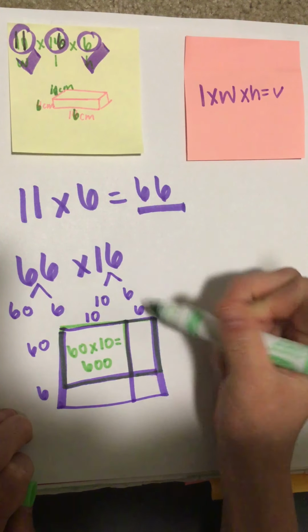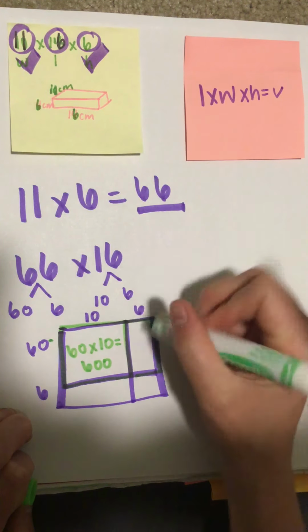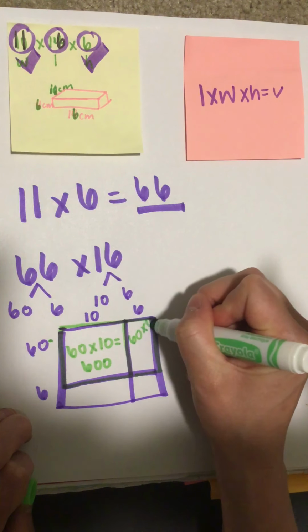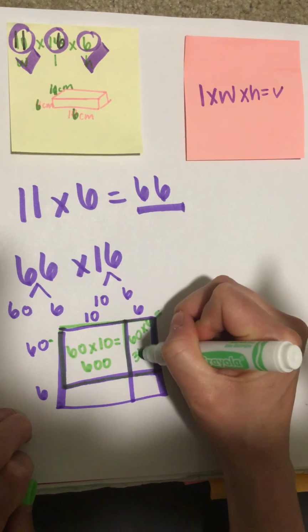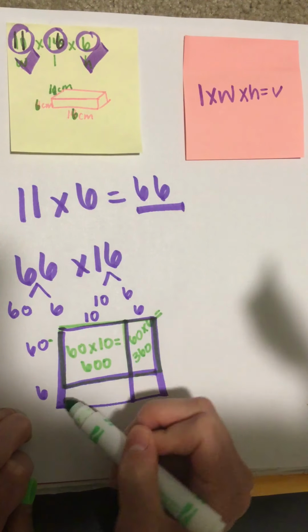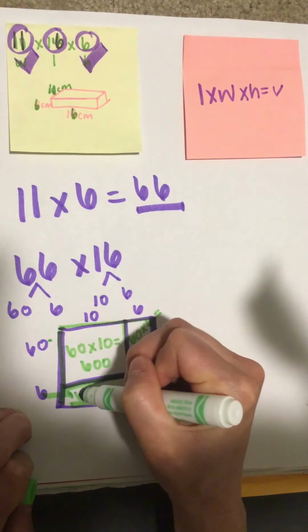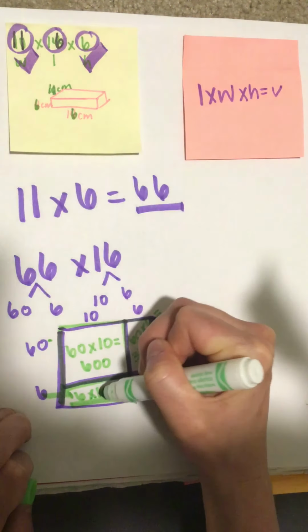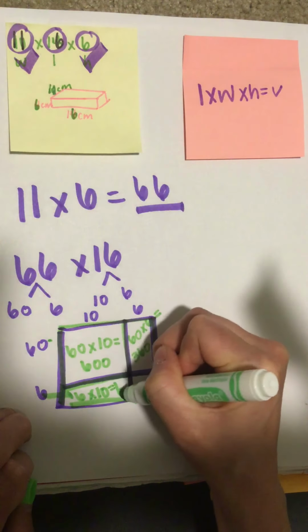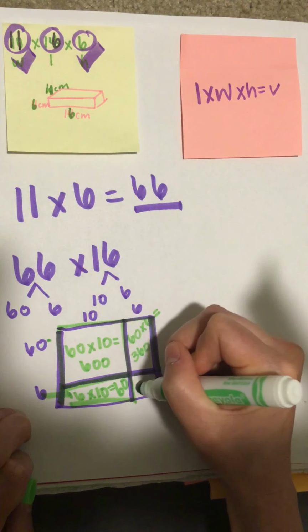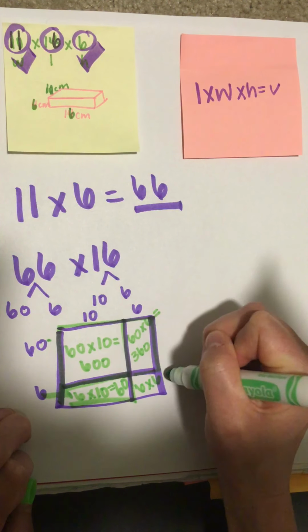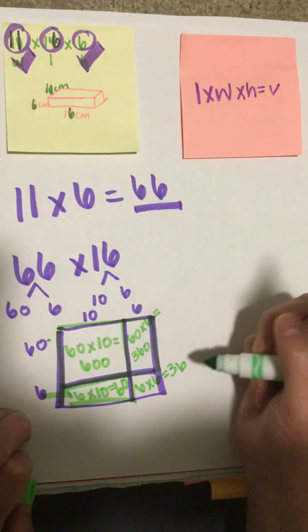This box, I'm going to do 60 times 6, and that's going to get me 360. In this box, I'm going to look at my dimensions. This is 6, and this is 10. 6 times 10 is going to equal 60. And in this box, 6 times 6 is going to equal 36.